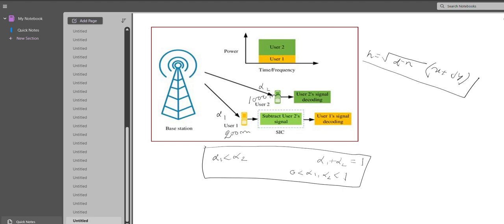This is the relay fading channel model, right? Here d is the distance. Both x and y are normally distributed, their mean is 0 and variance is 1 by 2. So we need to generate this channel for both user 1 and user 2.